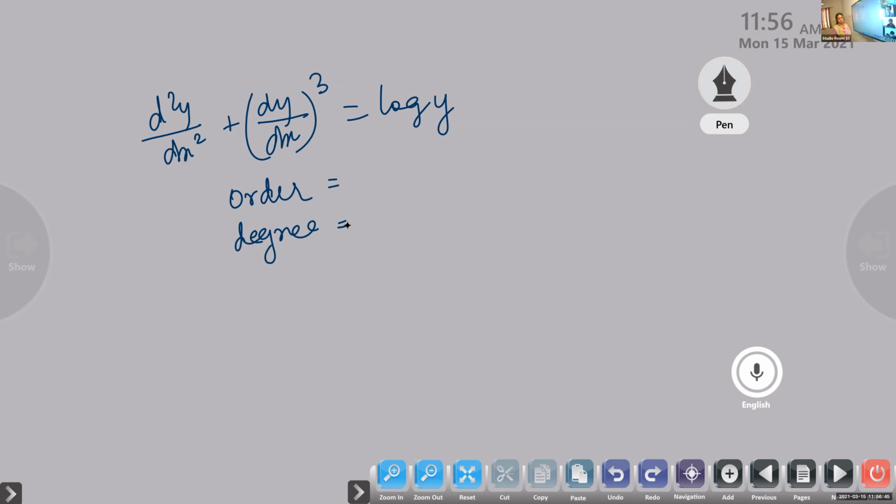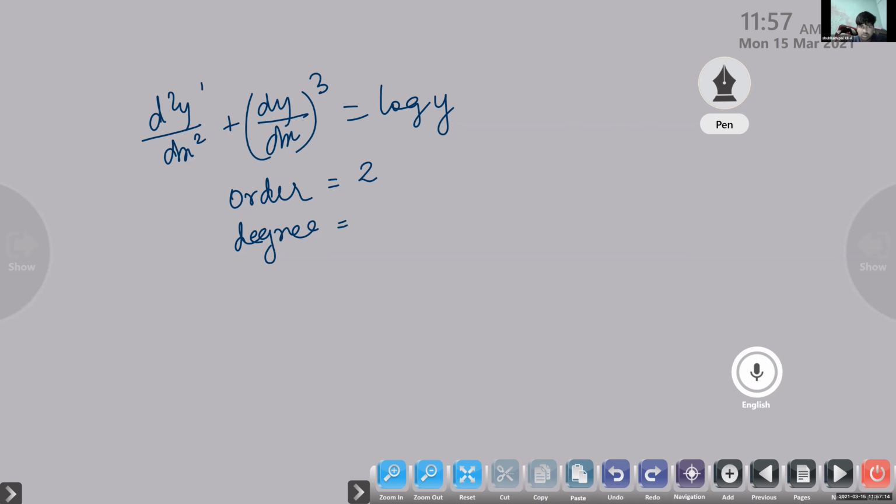Shubham, what is the order? Order means the highest order derivative present there. So what is the highest order present there? 2. Very good, correct. What is the degree? What is the power of that one? 3.